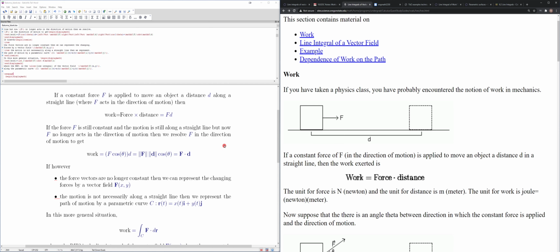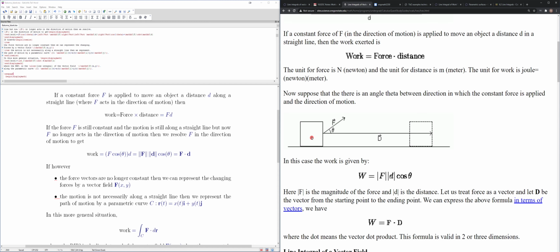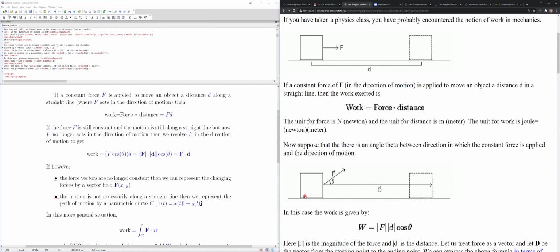Okay, so let's look at a slightly more complicated situation. You're going to have the same object, moving through a displacement, a distance d, along a straight line. But the only difference is that this force is no longer acting in the direction of the motion.